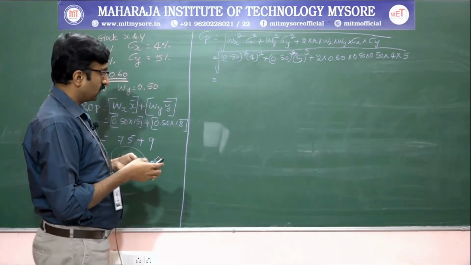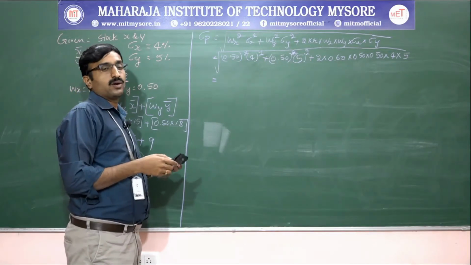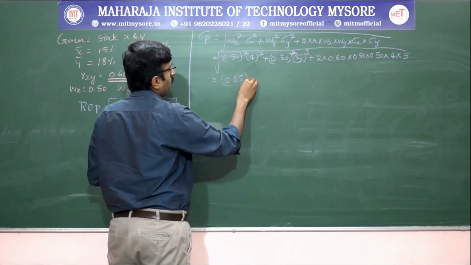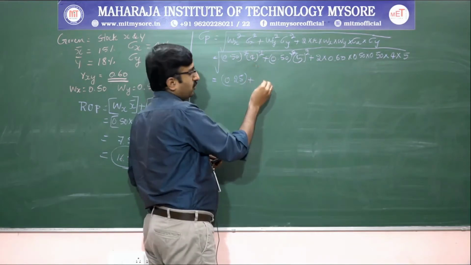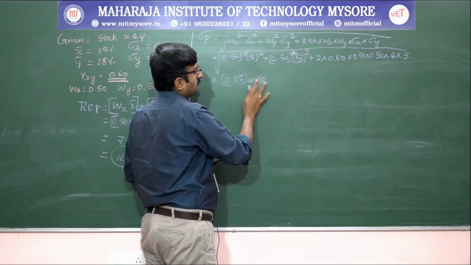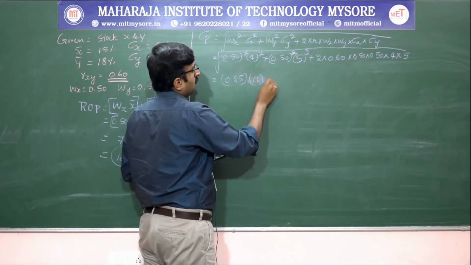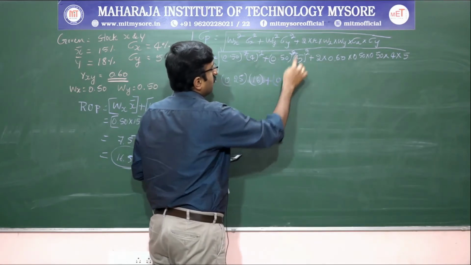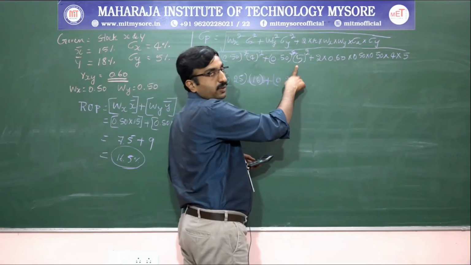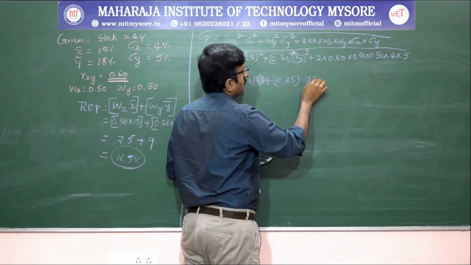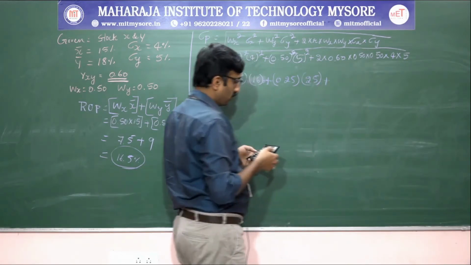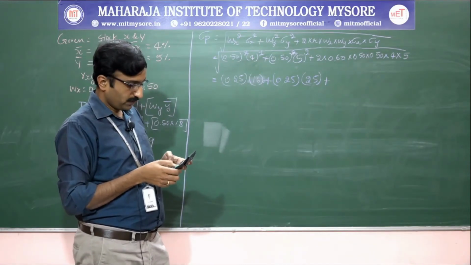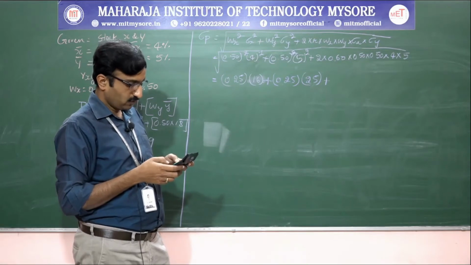Root value you have to find out. So, 0.50 square is 0.25, plus 4 square is 16, plus 0.25 same, 5 square is how much? 25, plus 2 into 0.60 into 0.50 into 0.50 into 4 into 5.